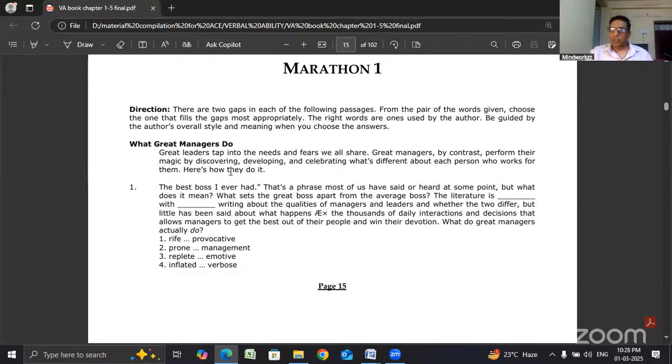What great managers do in one sentence. How do great managers perform their magic? They become magical by discovering, developing, and celebrating what's different about each person who works for them.